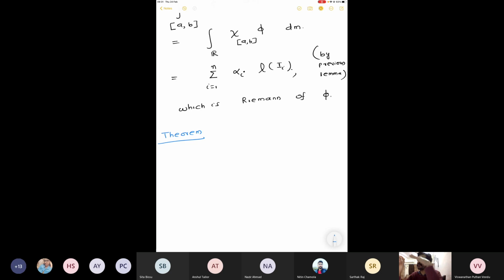So first for non-negative simple functions, next for non-negative bounded functions, and next non-negativity can be avoided for any function. So finally, we will reach how to integrate any function, of course with measurability as the basic condition.